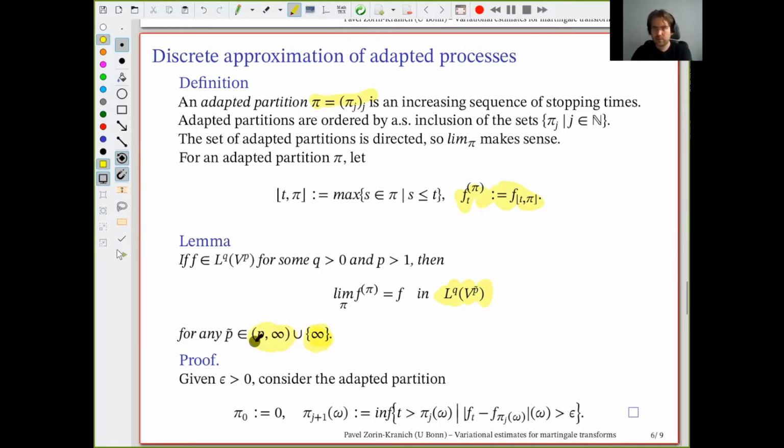And this is basically the idea for approximating continuous things by discrete things, and the convergence will always be in whatever sense your discrete estimates are given, because this convergence in L^q V^P tilde always propagates through all the estimates. So this is how you convert these discrete time estimates into continuous time estimates.